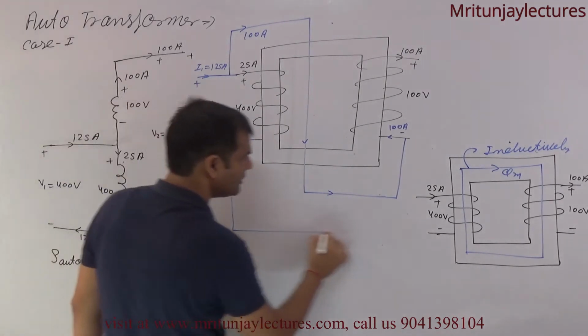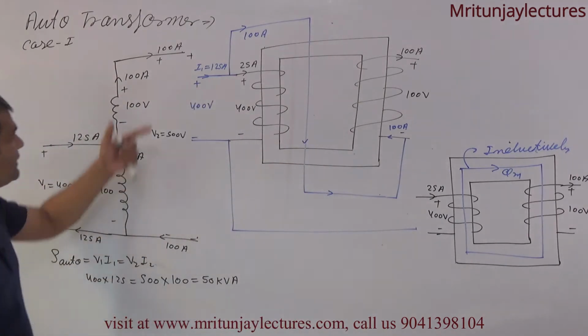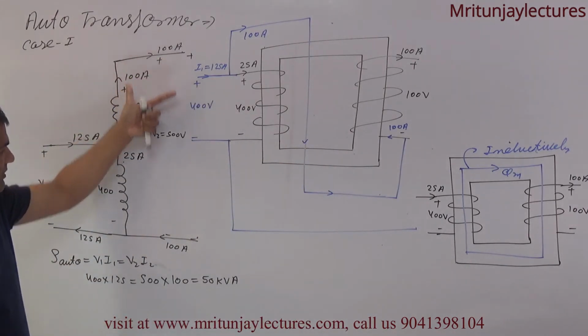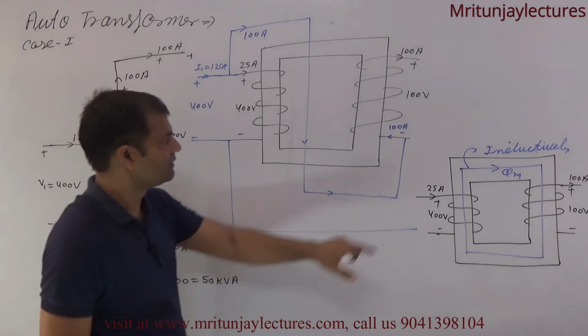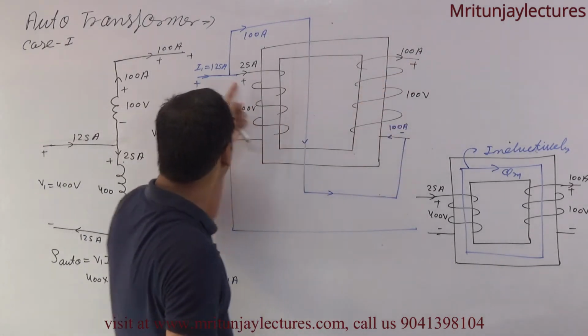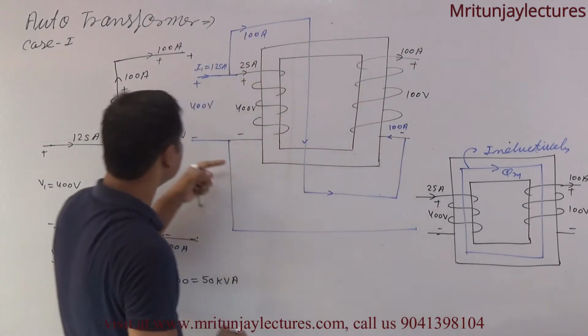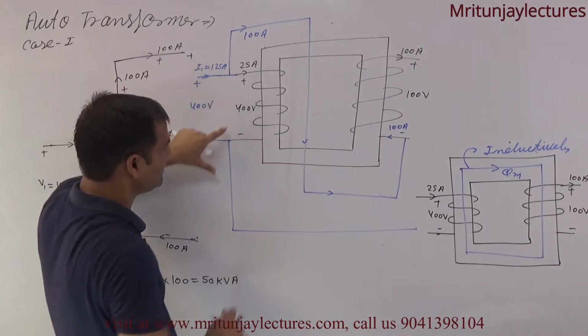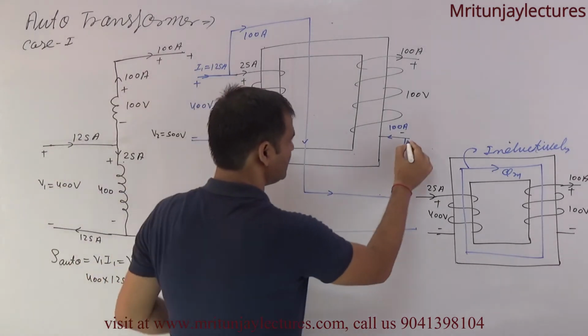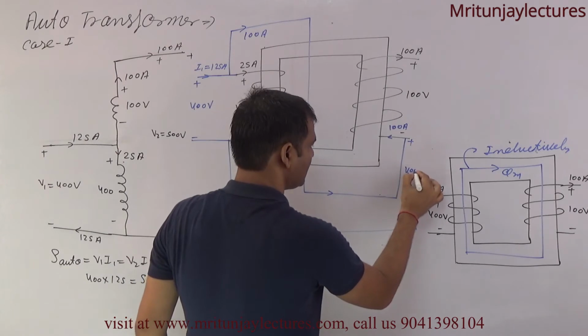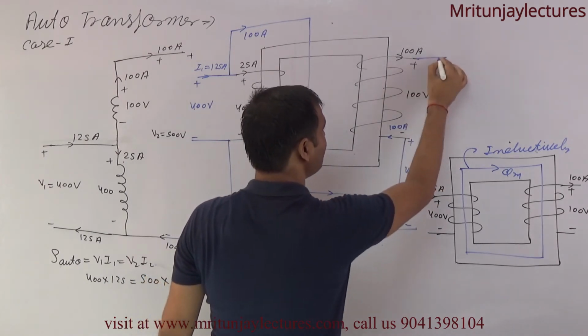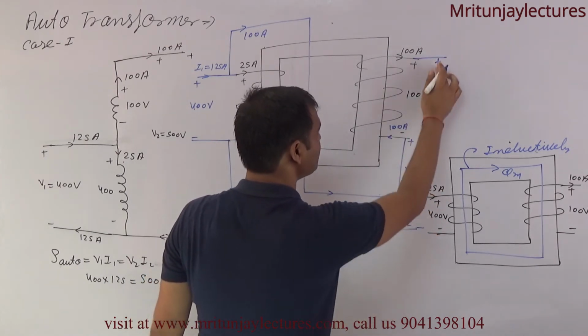And now another way, secondary side voltage in auto transformer, that is 500. This is 100 volt and this one is 400, same like this one. So you can say that 400, finally negative to positive.